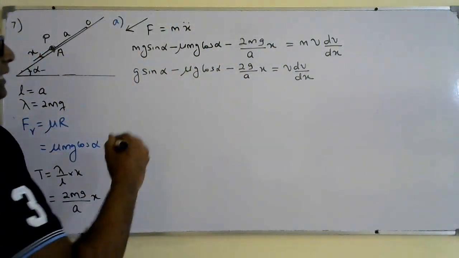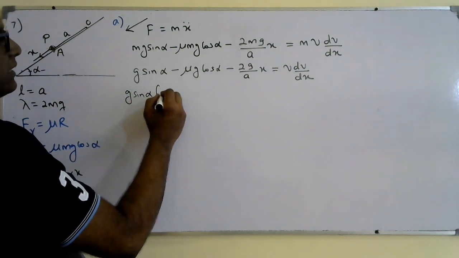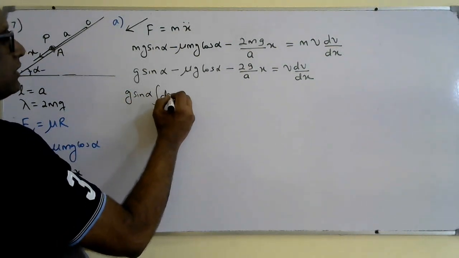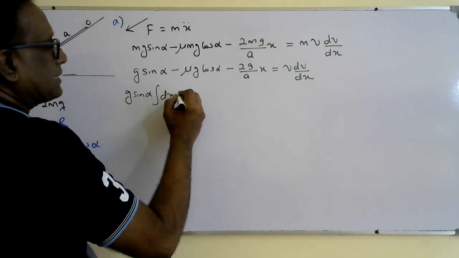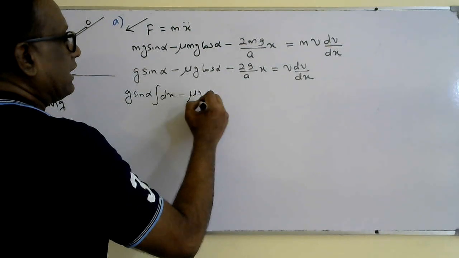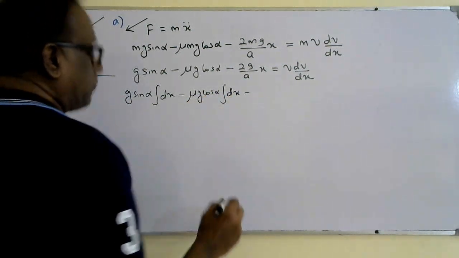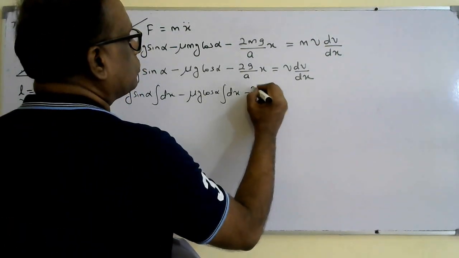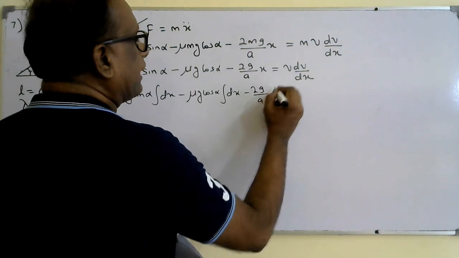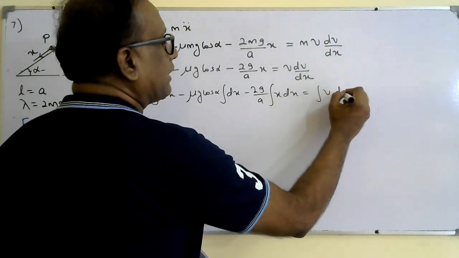So it's going to be g sin alpha integral dx, I'll tell you the limits now, minus mu g cos alpha integral dx minus 2g over a integral x dx equals integral v dv.